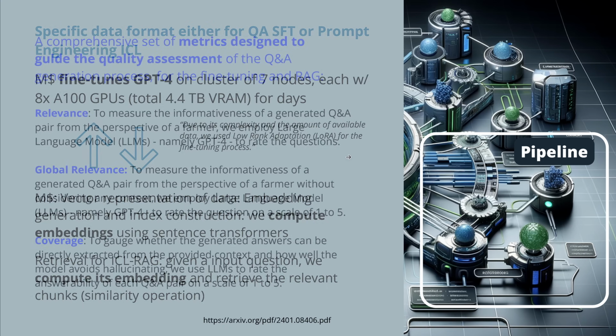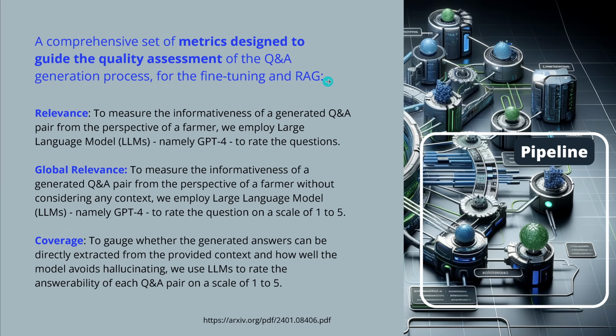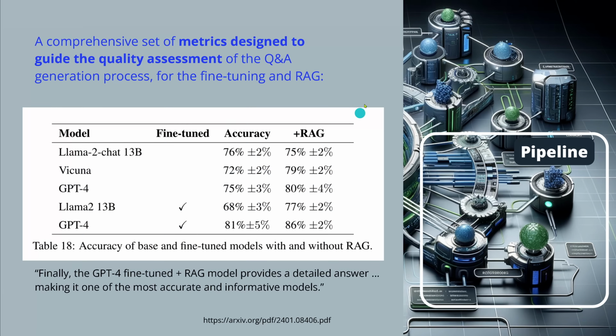Okay, whatsoever. And they checked different metrics designed to guide the quality assessment of their process: the relevance, the global relevance, the coverage. You can read this in detail, beautiful. And here is what they found. They did it on a Llama 2 Chat, on a Llama 2, and then the GPT-4 system.